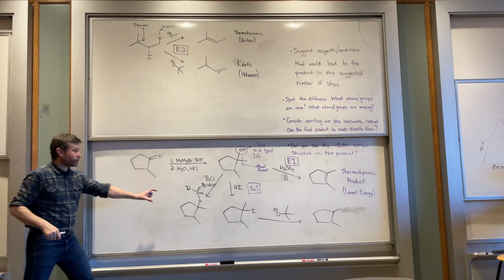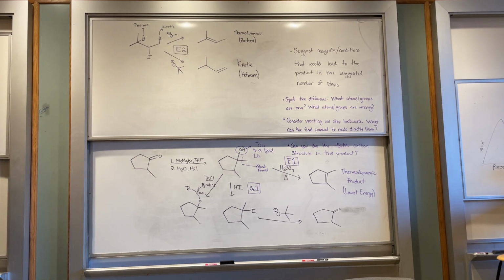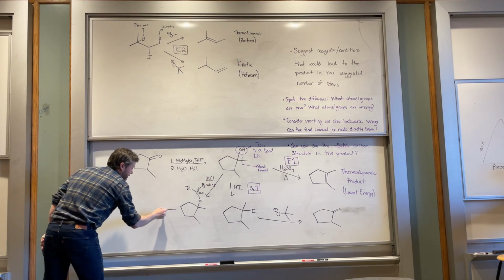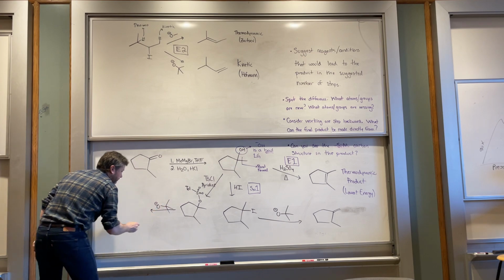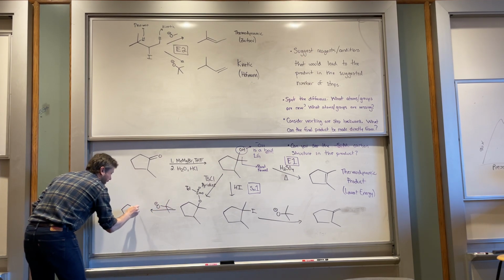This tosylate leaving group is very much like iodide, like bromide, like any halide, right? So now we have a good leaving group, and as long as we choose the right base, then that's going to lead us to the kinetic elimination product.